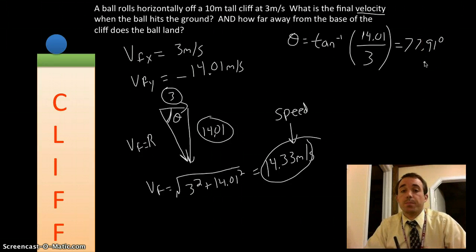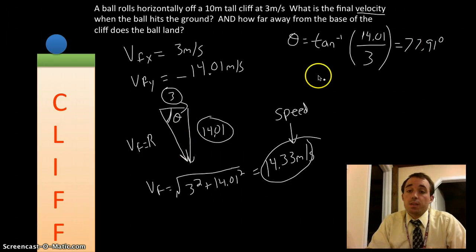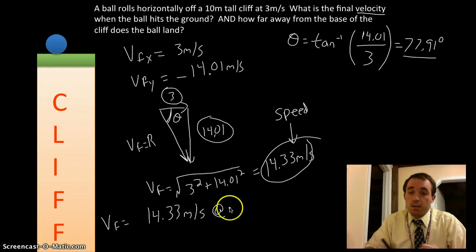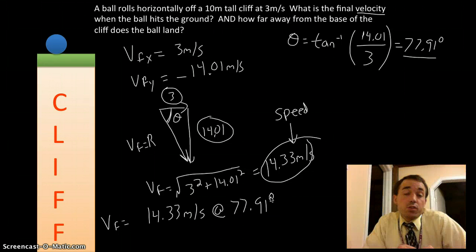77.91 degrees. So, this part, combining our speed and our direction, gives us a final answer of V final equals 14.33 meters per second at 77.91 degrees. Now the direction is a little bit tricky because we're no longer talking about south. Really, if you're on a cliff, it's falling downward.